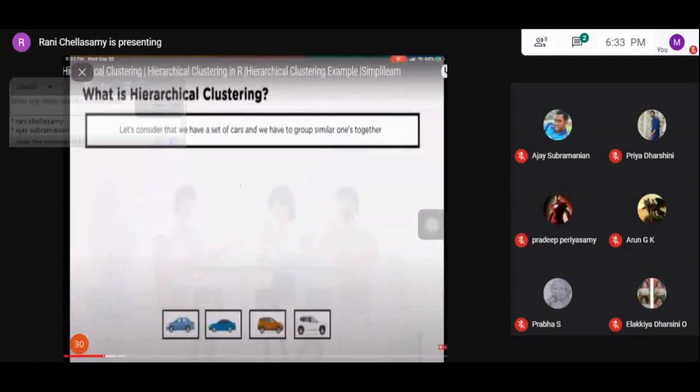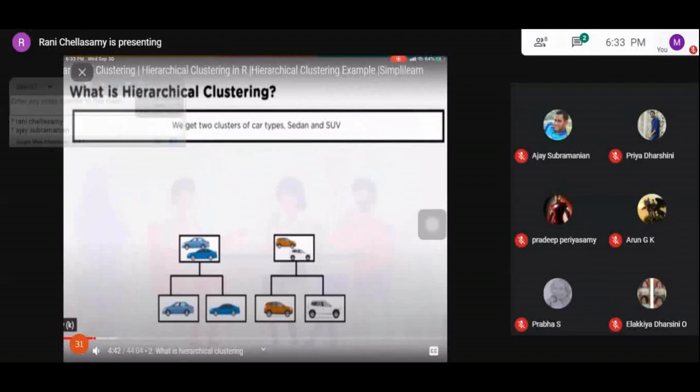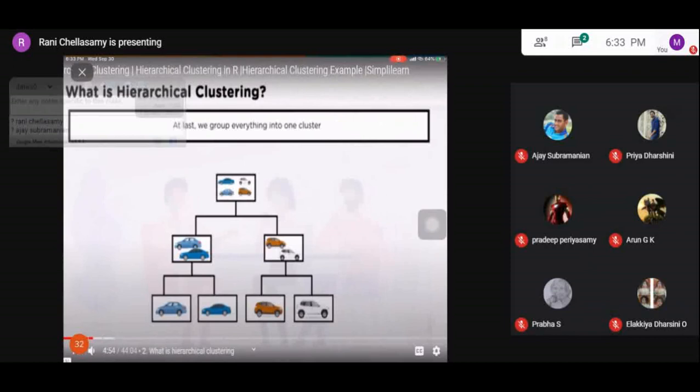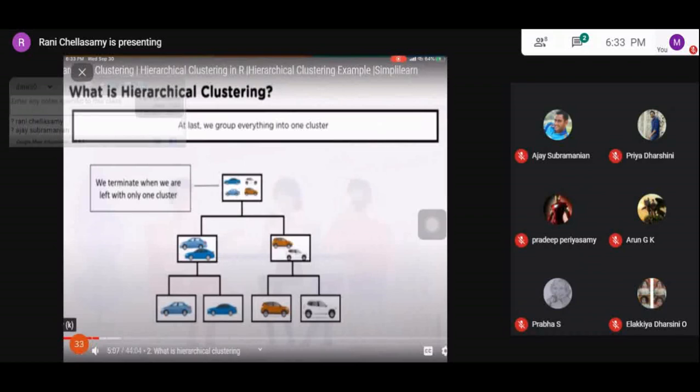We have a set of cars, and we have to group similar ones together. We form two clusters of types, sedan and SUV, so the groups are made based on car types. Again, at last we group everything into one cluster. Whenever you form a single cluster, we terminate at this point.